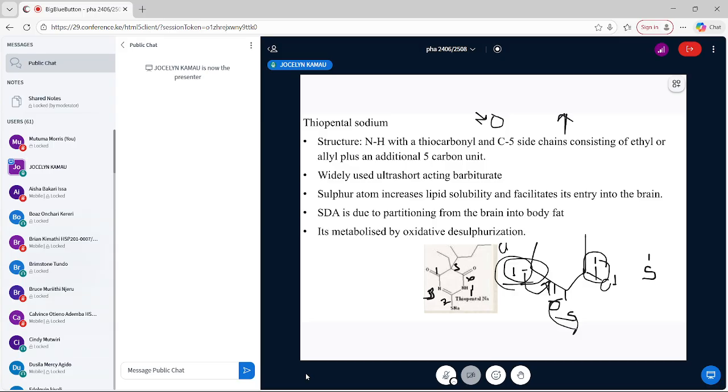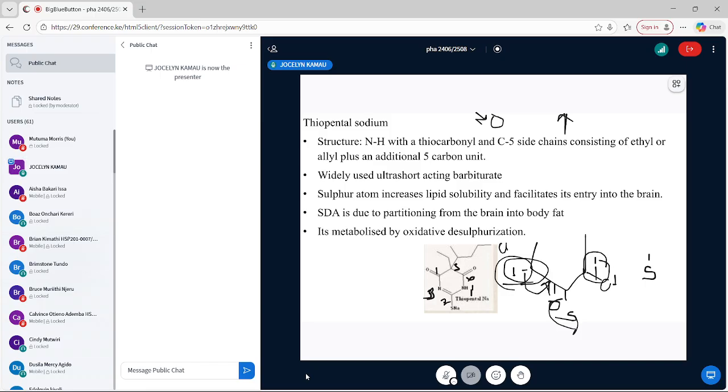So there must be one unsubstituted nitrogen carrying a hydrogen to allow CNS activity. They can penetrate the BBB, but if both nitrogens are substituted, the compound will not have any activity.